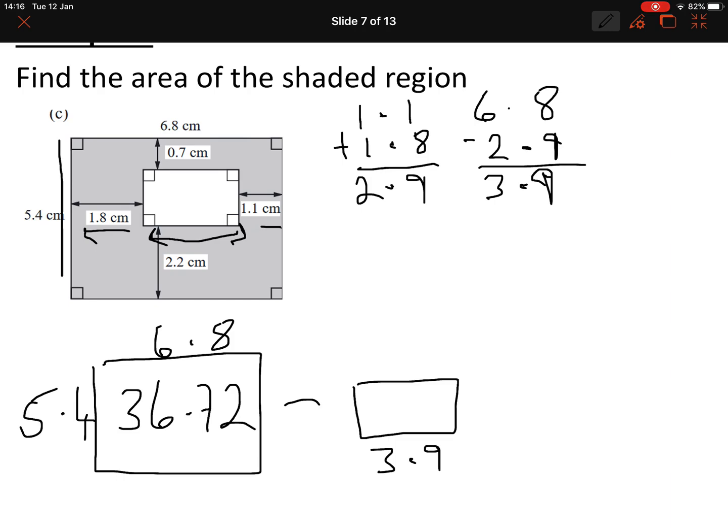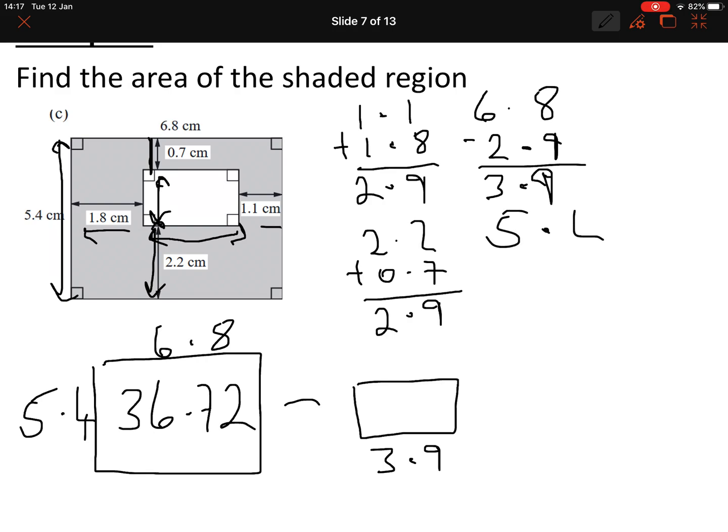Now, to work out the length, if you go diagonally, we know that the whole thing is 5.4 centimeters. We know that this bit is 0.7 centimeters. We don't know the width of the rectangle, but I know that this bit is 2.2 centimeters. If we add 2.2 and 0.7 first, the answer is 2.9.